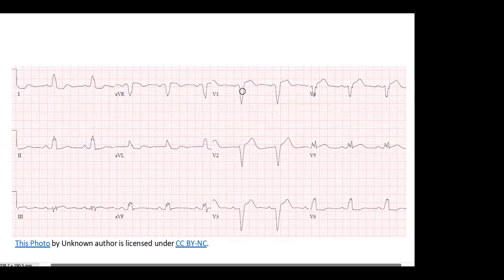Yeah, but if you have a patient who has no symptoms, a patient who is practically healthy, and you have a former ECG where you already had a left bundle branch block, then there's nothing to worry about.